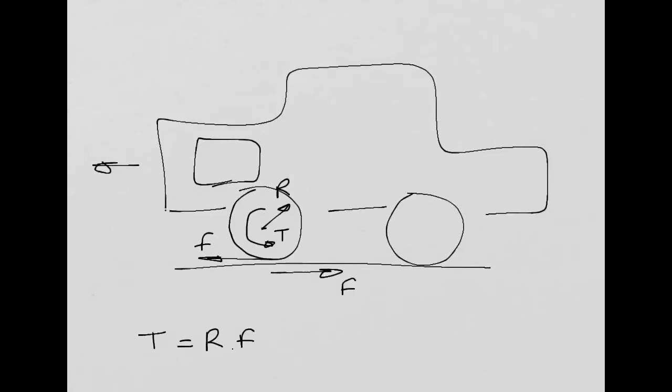So if you need this force to move the car forward with some speed, you know the radius of your wheel, so you know the torque that your engine needs to deliver to get the movement of your car, right? So this is the definition of a moment. In this case, it's a torque, which is the same thing as a moment, right? It's not only a force, it's a force times a distance, a length.